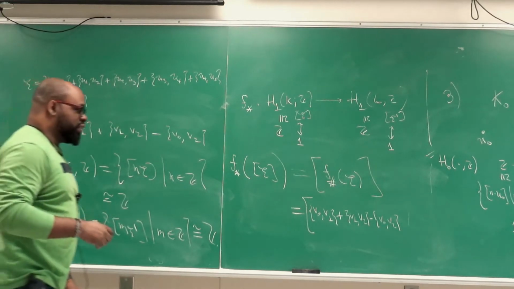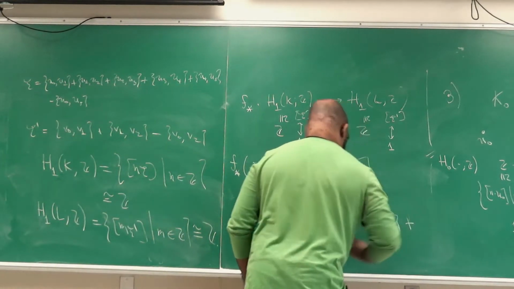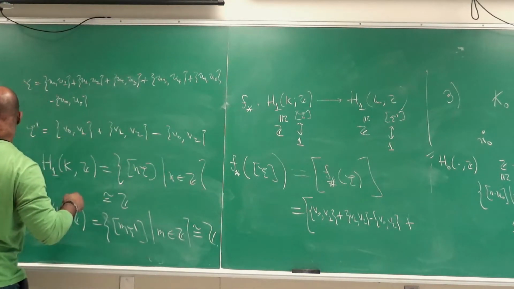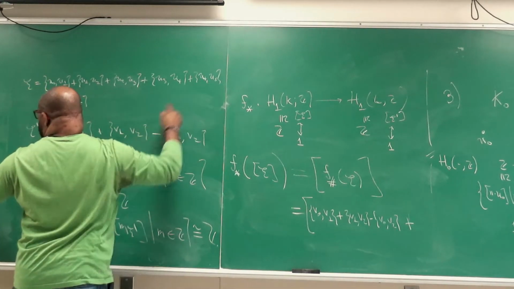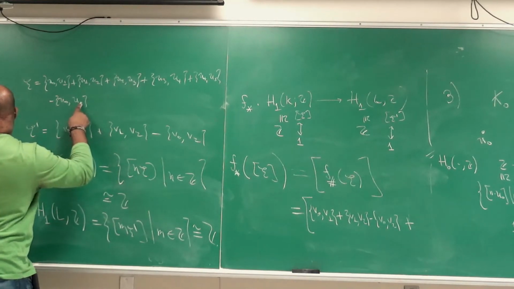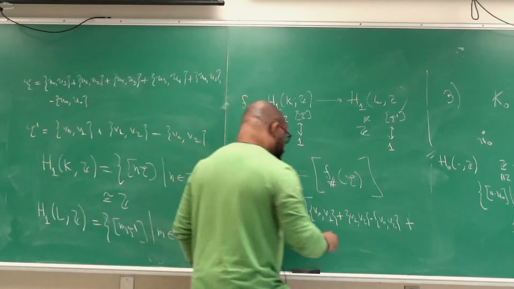And then plus 3, 4 goes to 0, 1 again. 4, 5 goes to 1, 2, and 0, 5 goes to 0, 2. So the same thing.